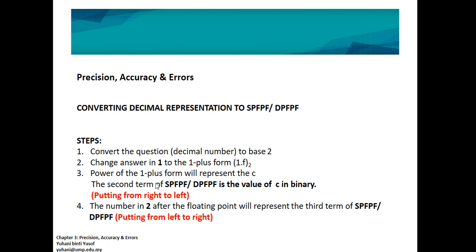So that value actually represents the second term in single or double precision floating point form. The number after the floating point will represent the third term of single precision floating point form or double precision floating point form.